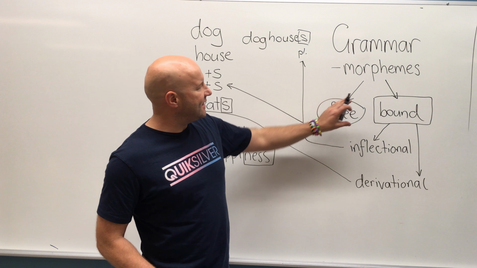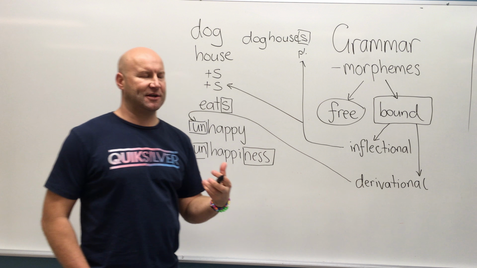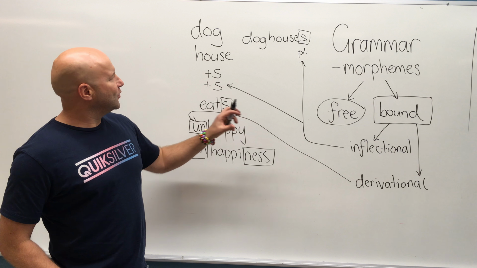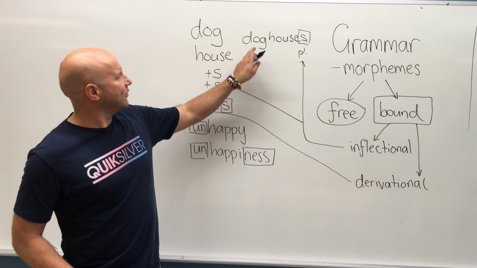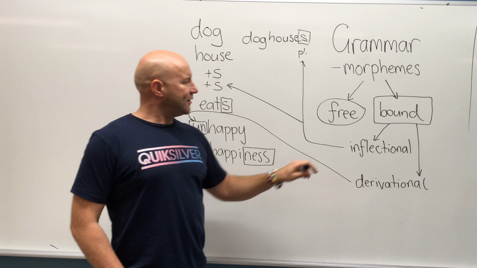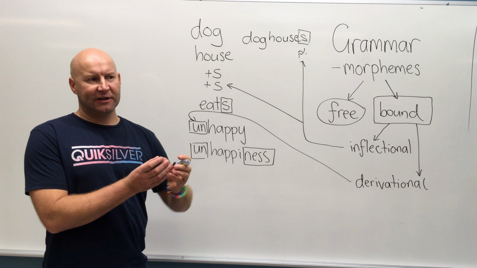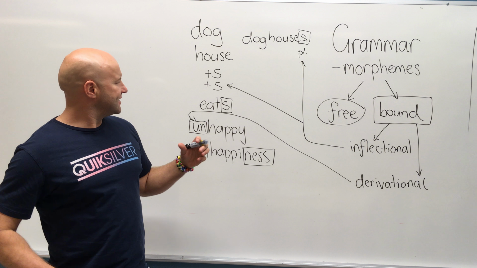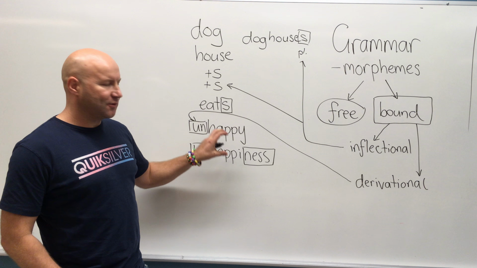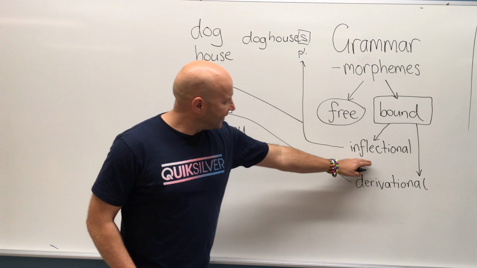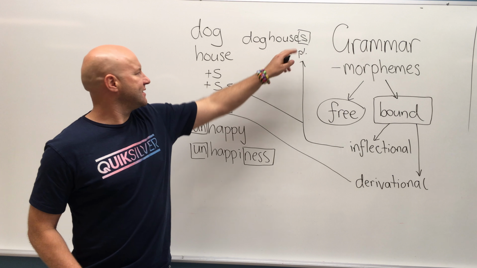Morphemes can be free, in which case a morpheme is a word, and a word can then consist of more than one free morpheme. But morphemes can also be bound, meaning that they're units of meaning whose meaning is only activated when you put them together with other morphemes. They can be inflectional, which means they add grammatical information.